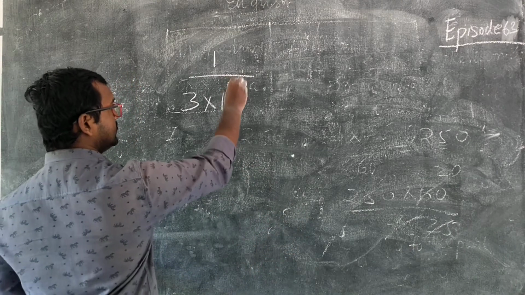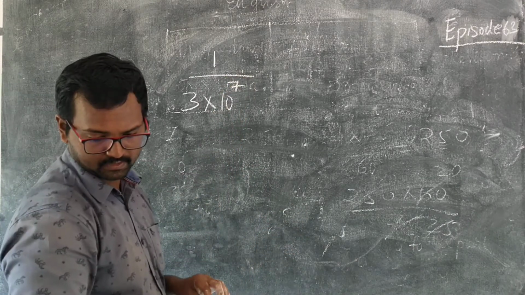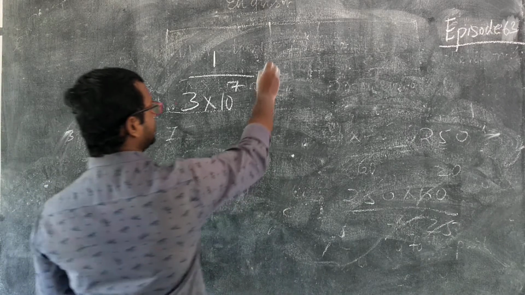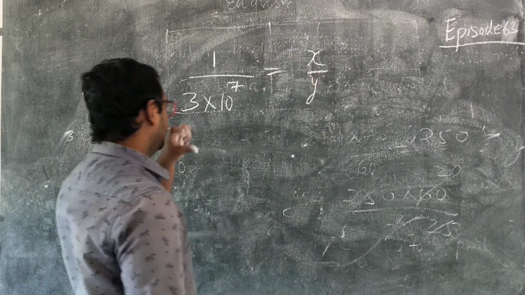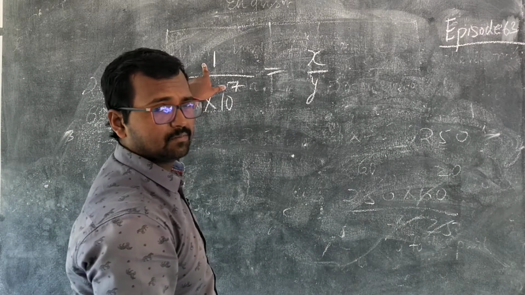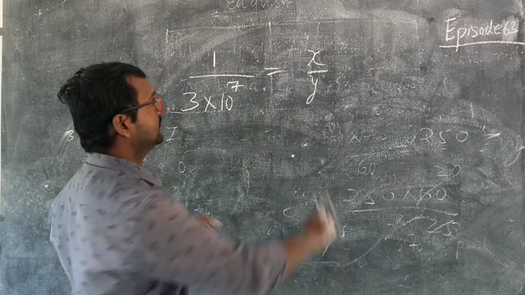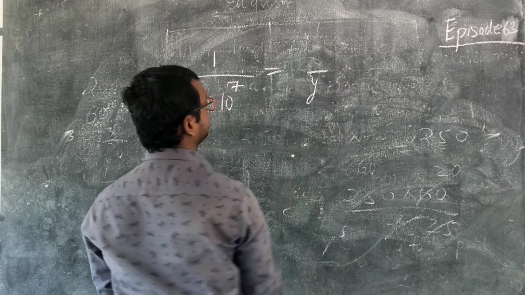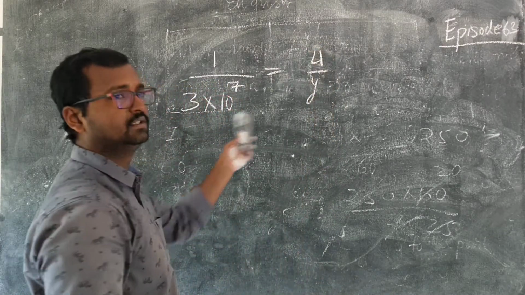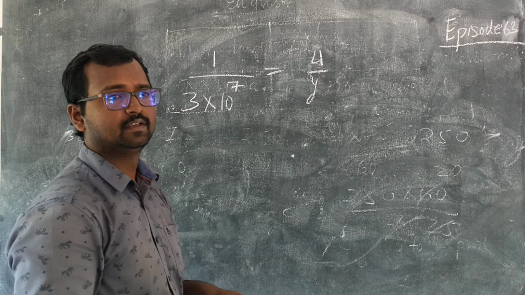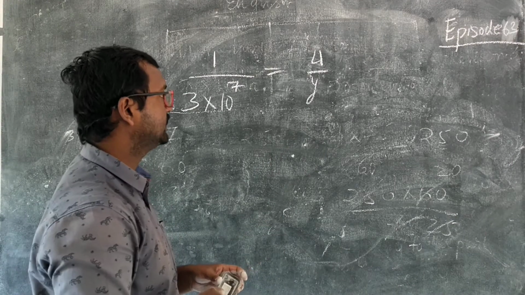Now it is equal to x by y. So 1 centimeter becomes 4 centimeters. Then what will be the distance between these two cities? That is the question.